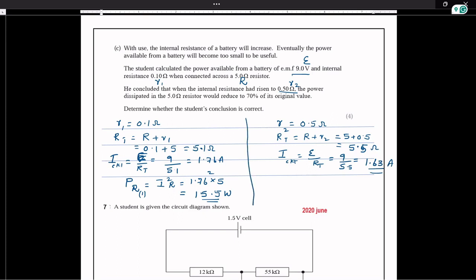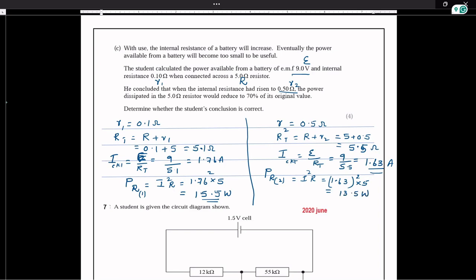Now we can calculate the power dissipation in the second case. It is I squared R. We use the same equation, but the current is different: 1.63 squared times 5. This gives a power of 13.5 watts.